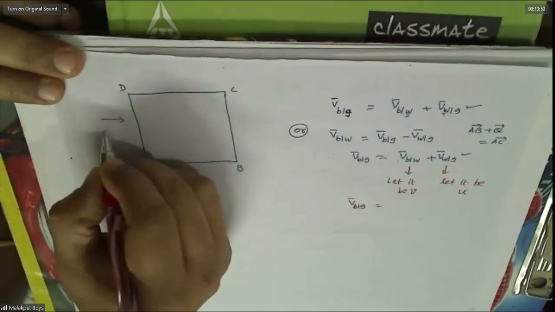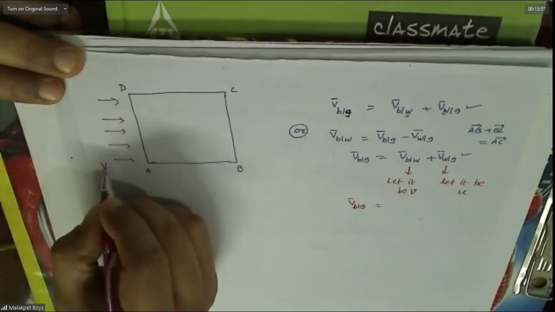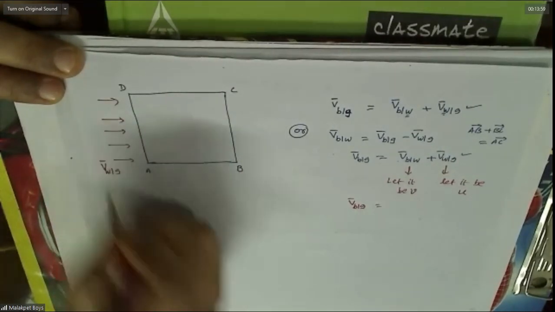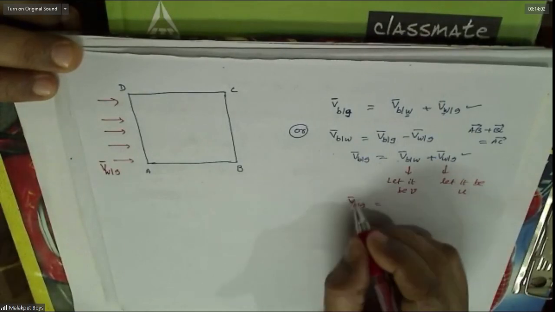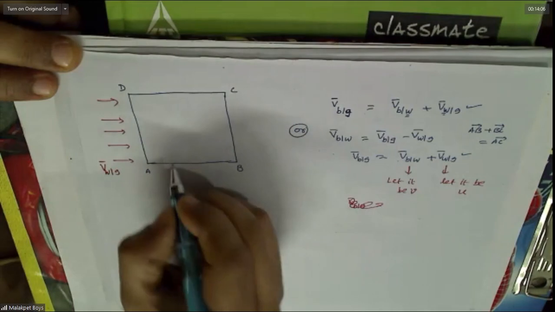This is wind direction, and it is fixed. Velocity of wind with respect to ground is this, magnitude wise. Now you can see when the bird is moving like this.